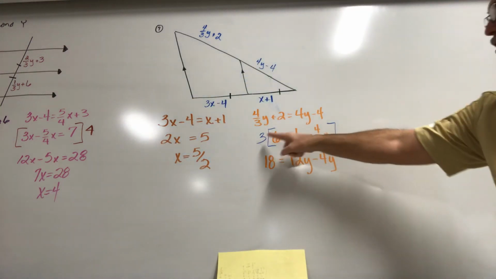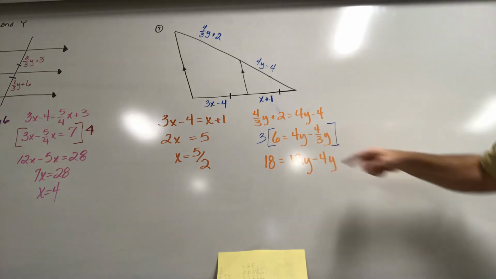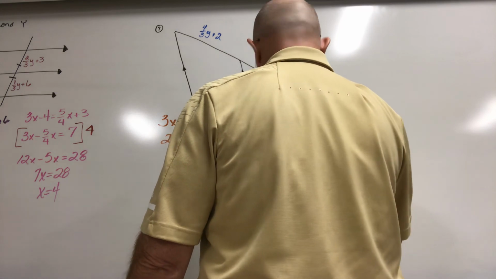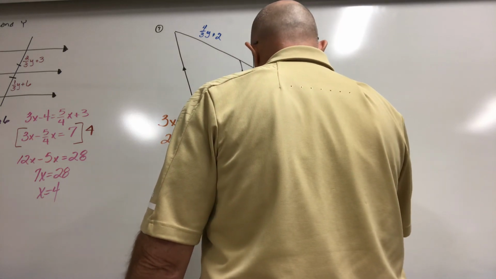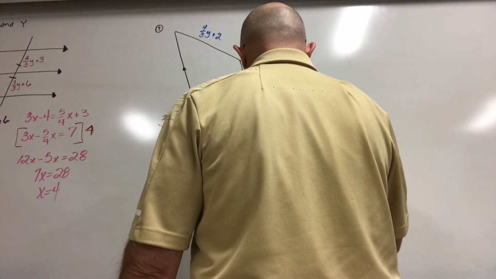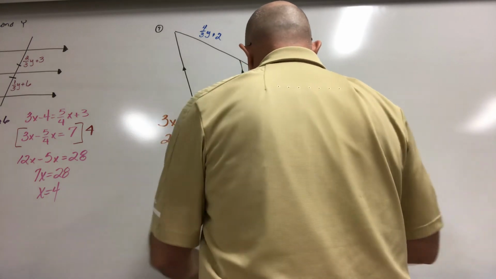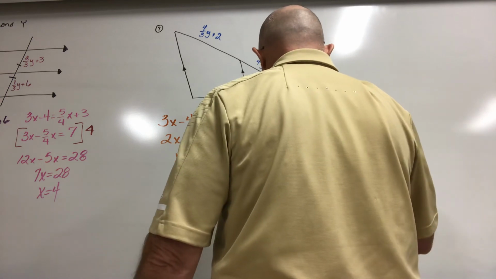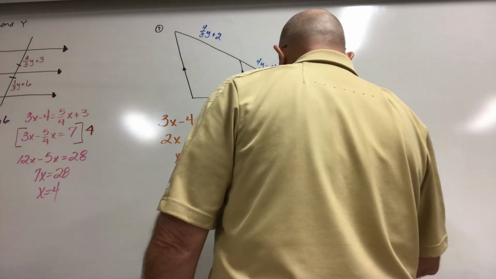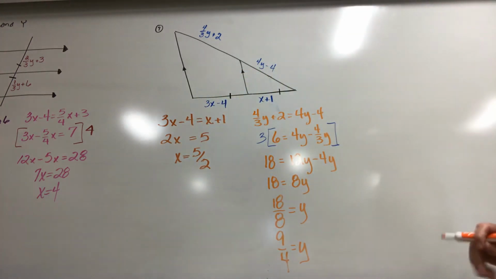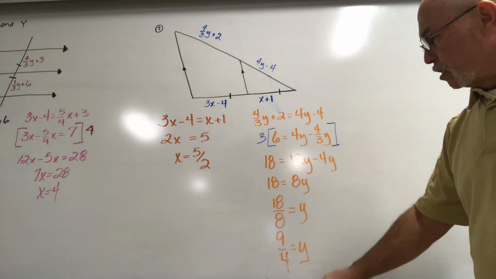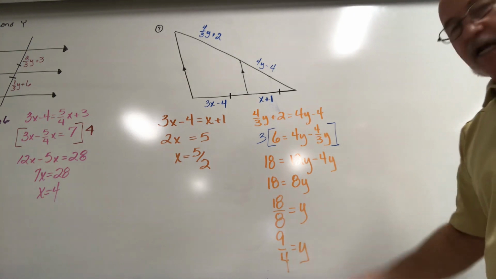Okay, 18, 12 cancels, leaving 4. Divide both sides by the 8. And then all I did was simplify 18 over 8 to 9 over 4.